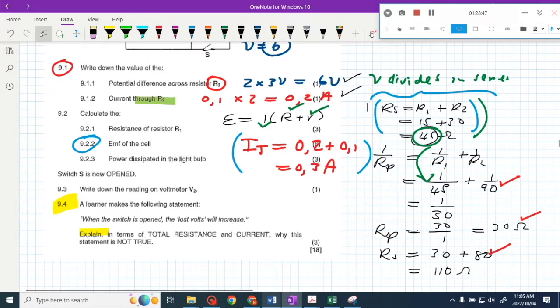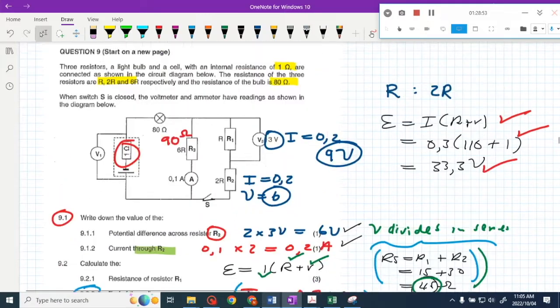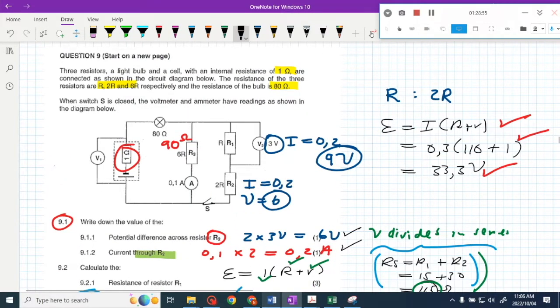Follow what you know. The last question, 9.2.3, said calculate the power dissipated by the light bulb. For this light bulb, we now know its resistance, and we know the current through it is 0,3 amperes. So the formula that's going to work nicely there is P equals I squared R. Okay, you can always go and solve first and then go about this the long way, but it's unnecessary.